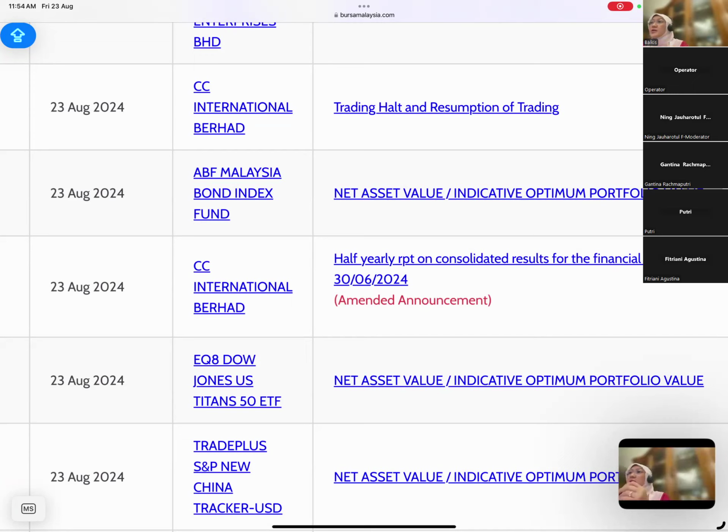If the objective of the government imposing a new regulation is to make sure that the financial institutions in Malaysia can survive, have a good return, and also can protect all the customers.